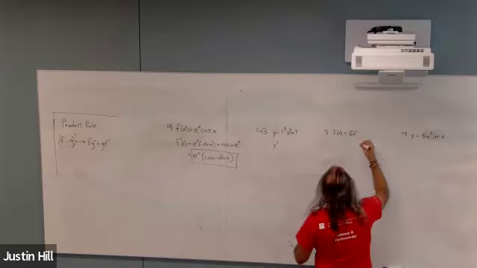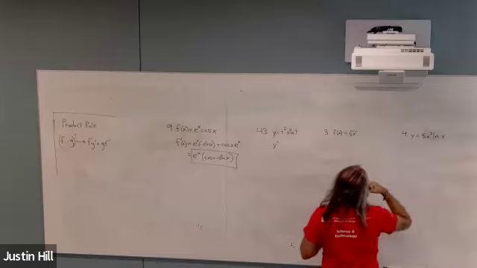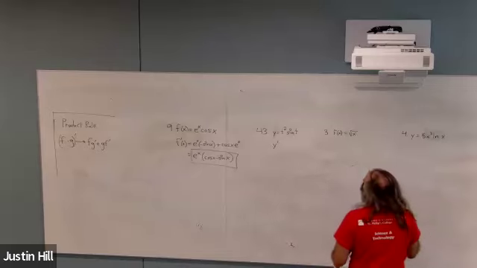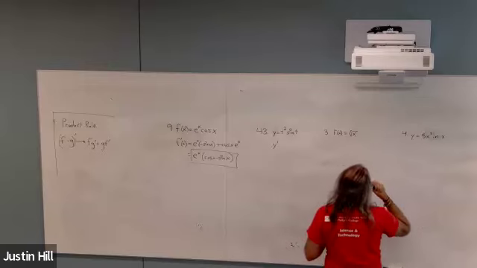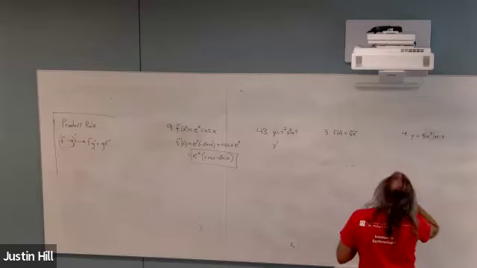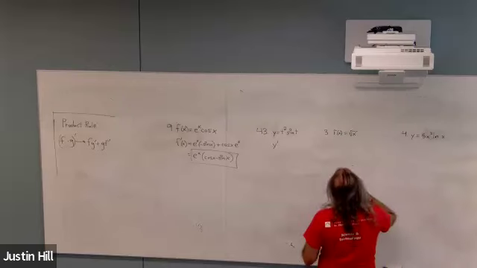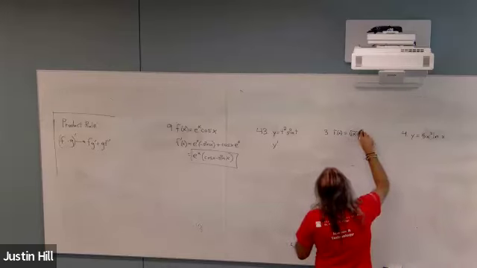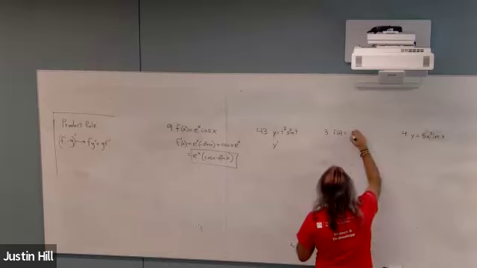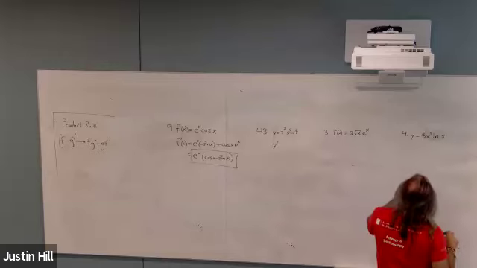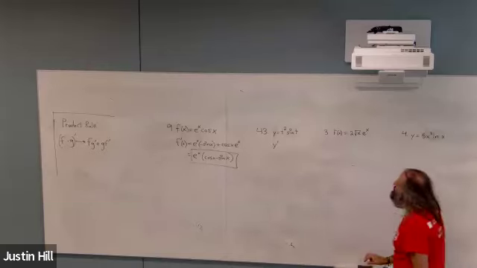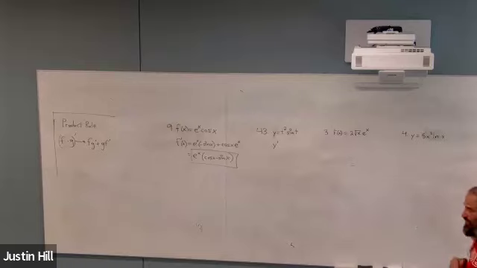The square root of x. Doesn't matter. But let's make this 2 square roots of x to the x. Yeah, I think that's how these are. So let's make it like this.